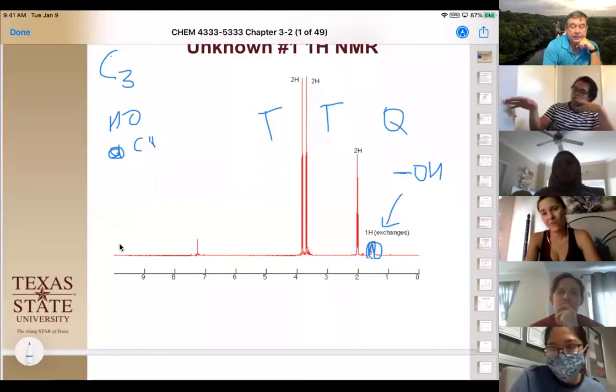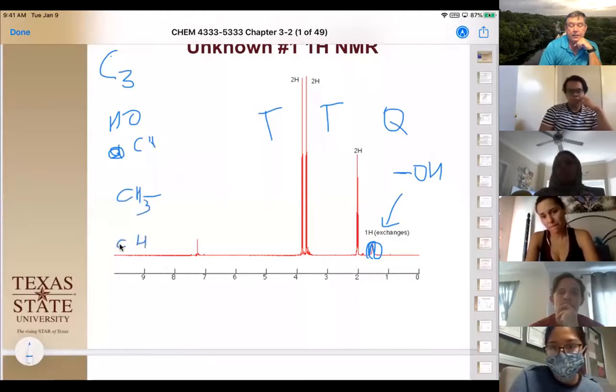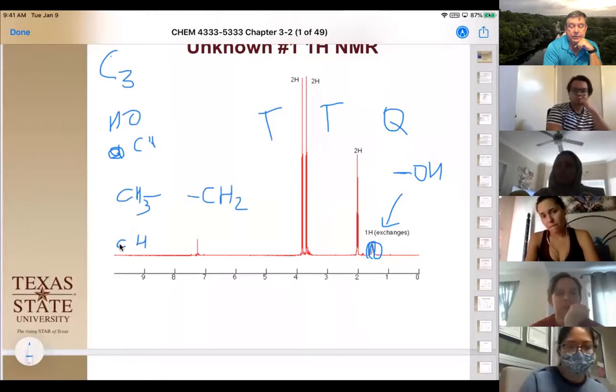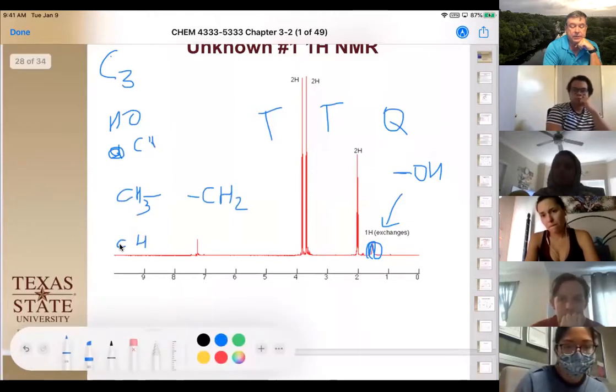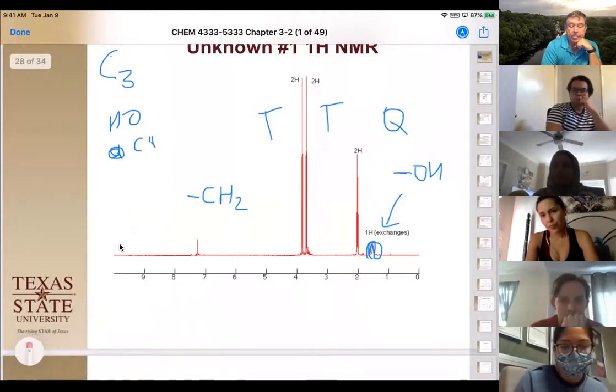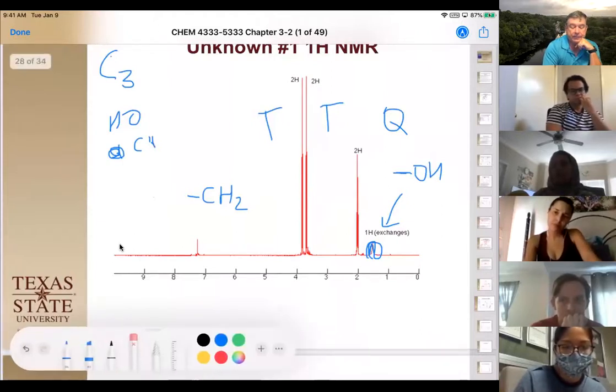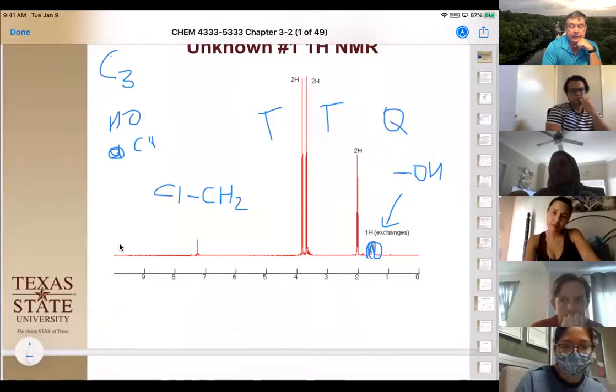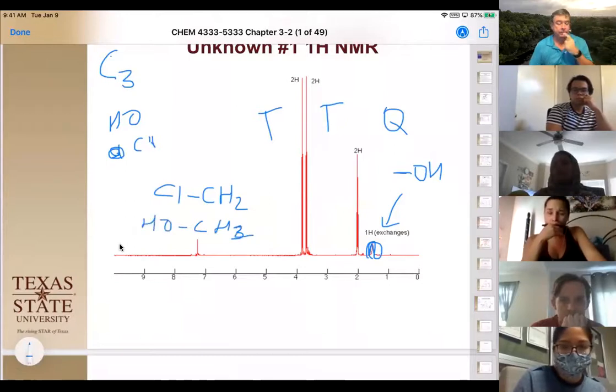Well, let's see. We're not going to have any CH3s in here, and we're not going to have any CHs here because we don't have anything for that. But we have CH2s. It must just have CH2s. Now, one of the CH2s probably has to have the chlorine on it, and one of the CH2s has to have the OH on it.